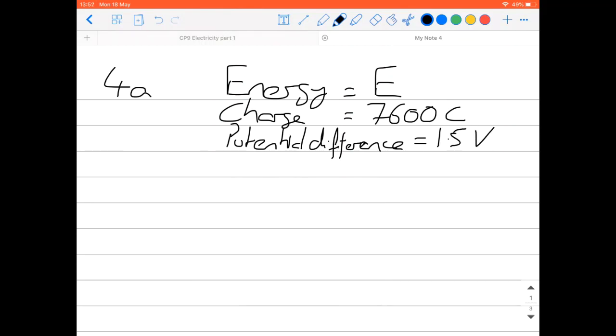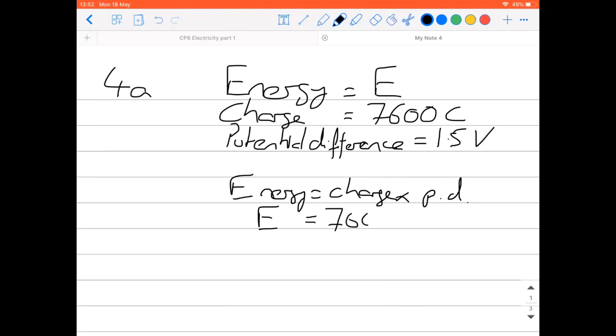And so I'm going to write my formula. Energy is charge times potential difference. Energy I don't know, so I'm going to write it as an E. Charge is 7,600 and the potential difference is 1.5, and then I'm going to work that out as 11,400, and remember my units are joules.